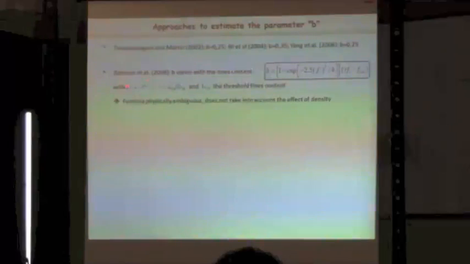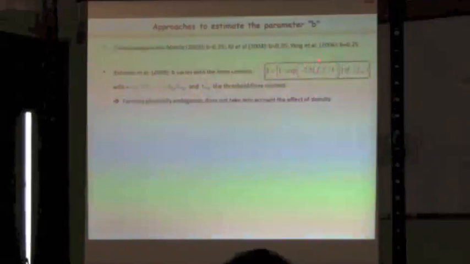But Rahman in 2008 proposed this expression for b, which varies with fine content. This expression contains the fine content, the threshold fine content, and k, which is related to the size ratio of D50 of the fine particles over D10 of the coarse particles.